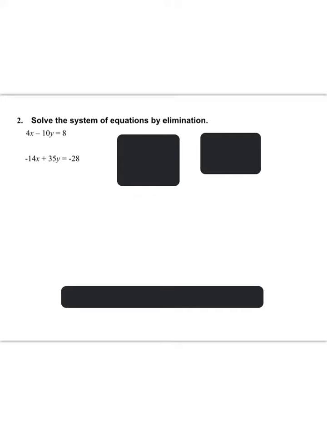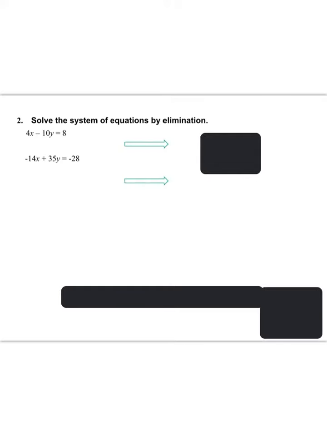Okay, here's an example of where I need to multiply both equations by a constant. So if I want to cancel my x's, what could I multiply 4 by to get 14? Well, there's nothing. And what if I wanted to cancel my y's, what can I multiply 10 by to get 35? And again, nothing. So I'm going to multiply the top equation by 7 and the bottom equation by 2 because I want to cancel my x's, and I know that 4 and 14 have a common multiple of 28.